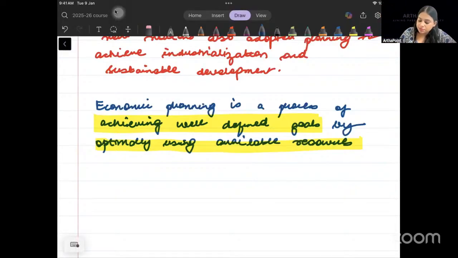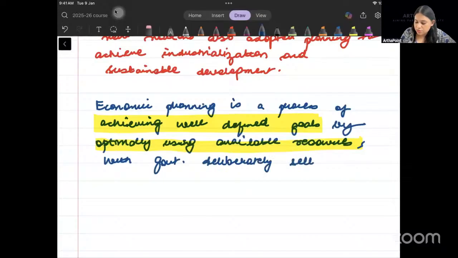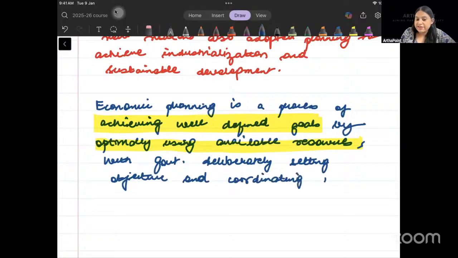With government deliberately setting objective and coordinating development effort.